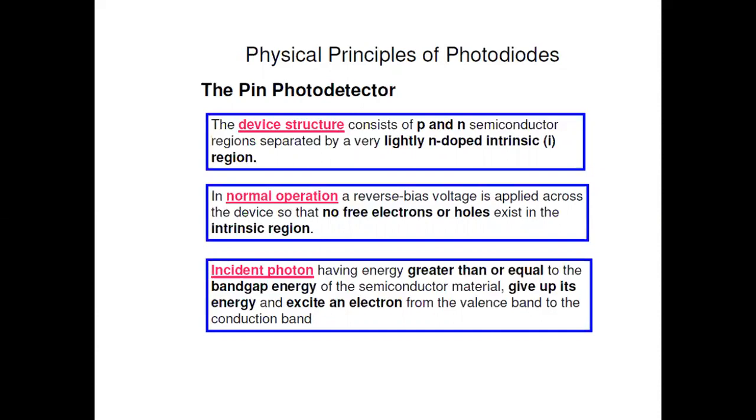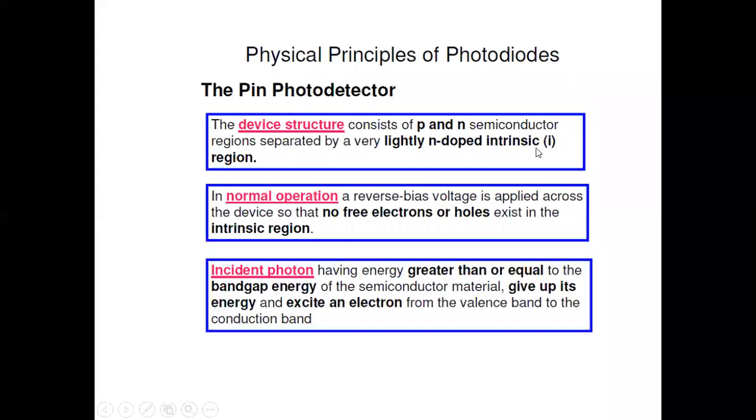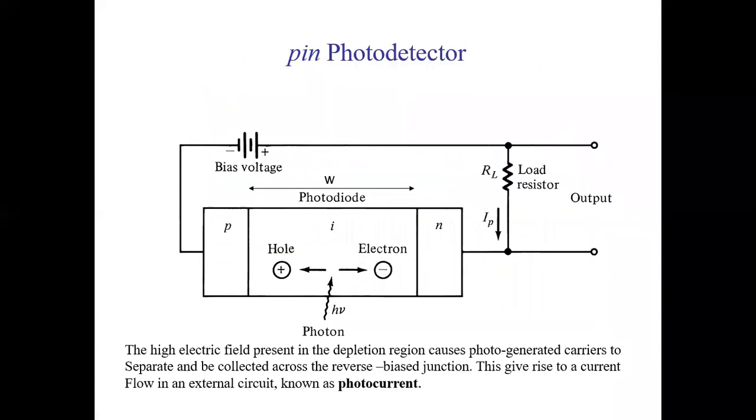Incident photons having energy greater than or equal to the bandgap energy of the semiconductor material give up their energy and excite an electron from the valence band to the conduction band.